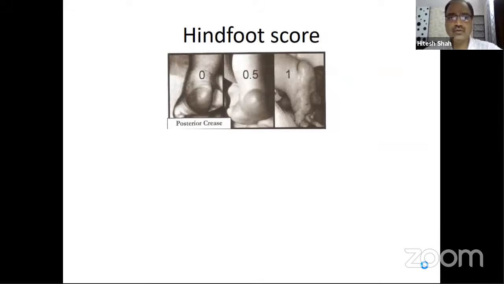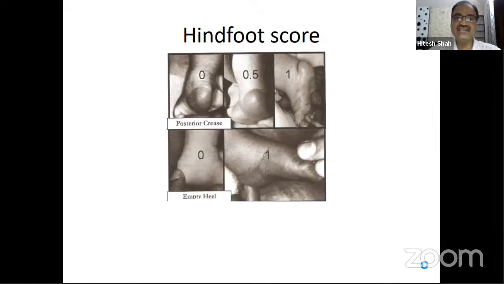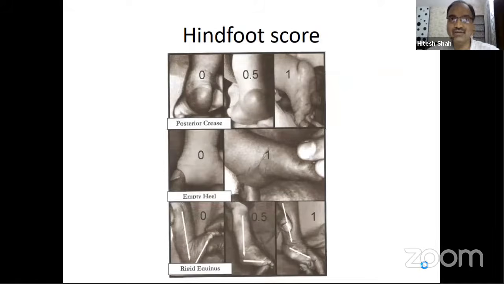When we are going to treat a child with clubfoot, we need to identify what the deformities in the clubfoot are. Pirani identified and simplified this into a quantification of the hindfoot deformity and the forefoot deformity. The hindfoot deformity is divided into the posterior crease, the empty heel, and rigid equinus.